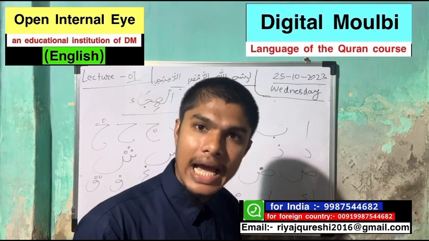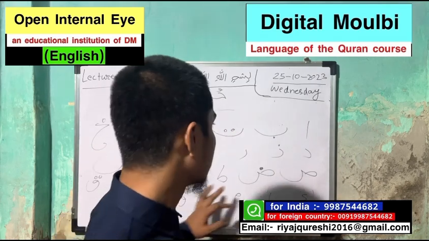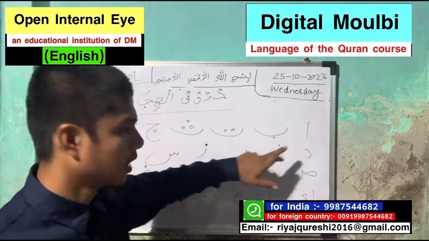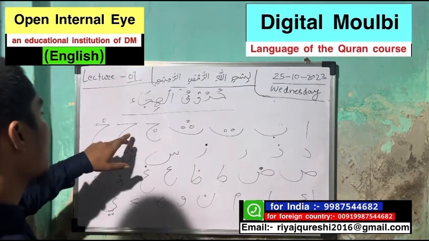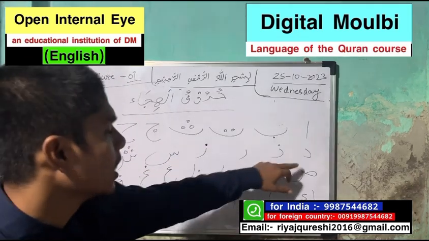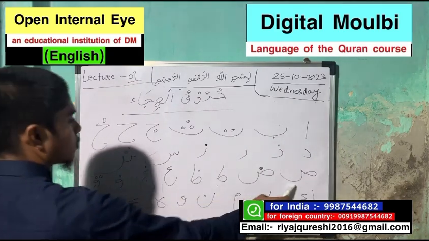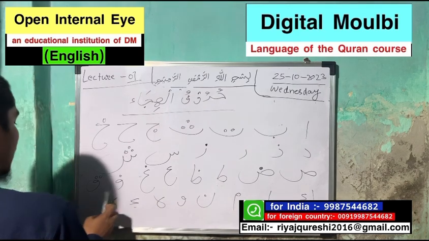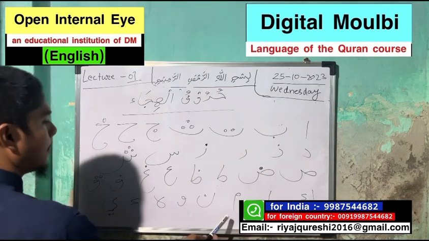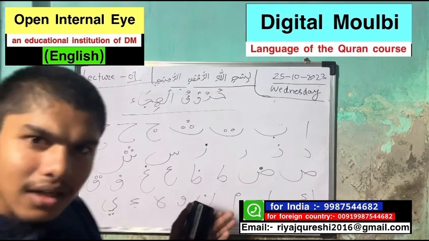There are 29 huruf in Arabic language, and they are pronounced: alif, ba, ta, sa, jim, ha, kha, dal, zal, ra, za, sin, shin, sod, wad, ta, wa, ain, ghain, fa, qaf, kaf, lam, mim, nun, waw, ha, hamza, ya.